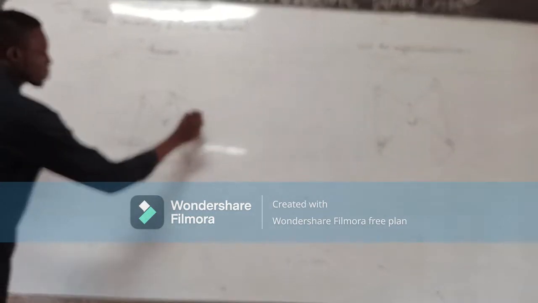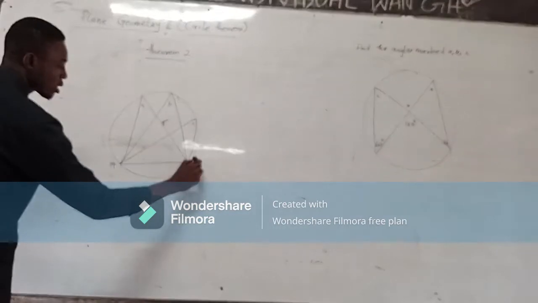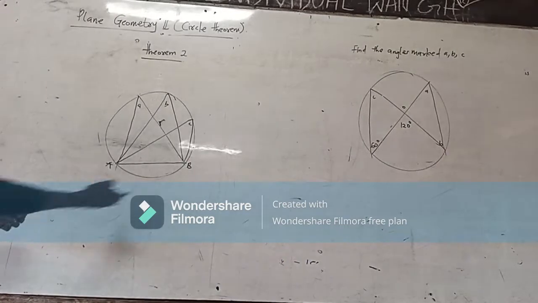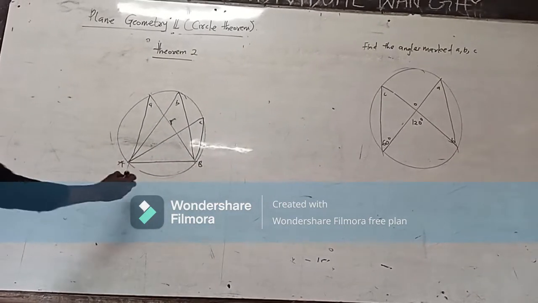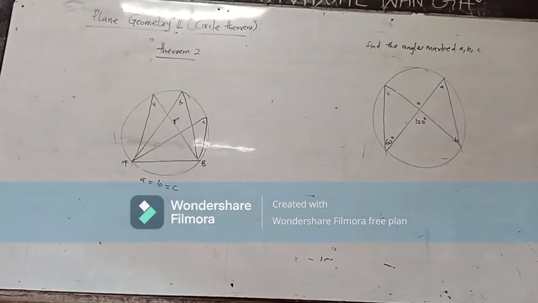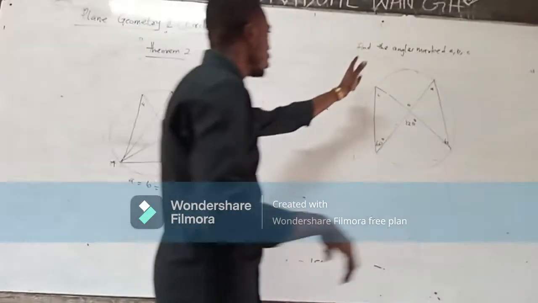So let's call this one C. So once they are all standing on the chord called AB, or they are all standing on the same arc, we say that A is equal to B and is equal to C. So that is the rule. Let's apply this rule to solve this problem.